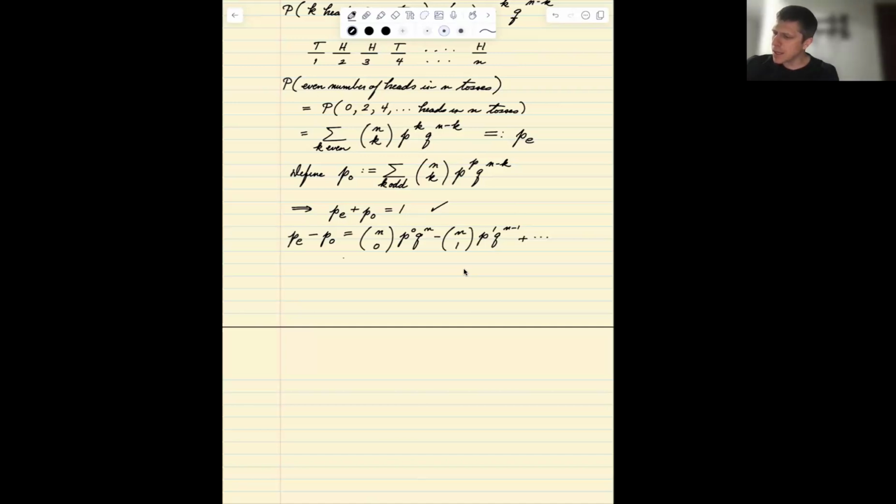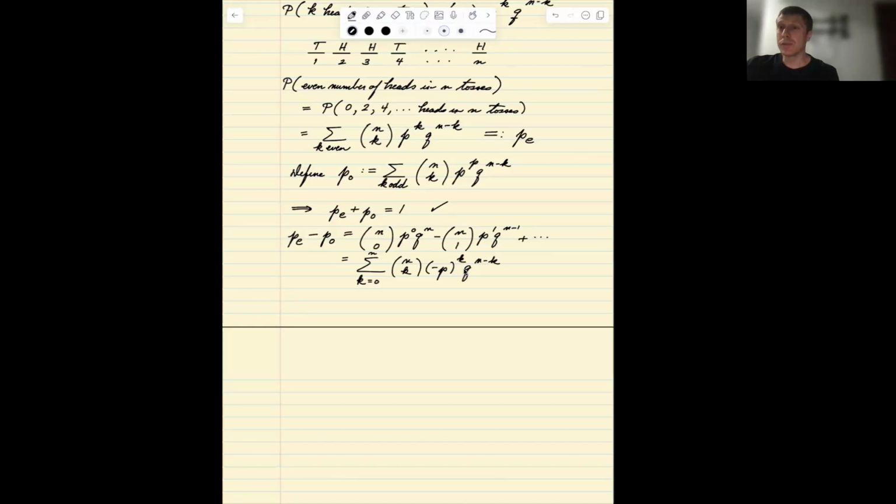For the odd terms, we get a negative. So we can write this as the sum from k equals 0 to n. The negative sign can just get folded into the p, because when k is even, negative 1 to an even power is just positive 1, and we get a positive term. When it's odd, we get a negative term. So this turns out to be the sum of n choose k, minus p to the k, q to the n minus k.